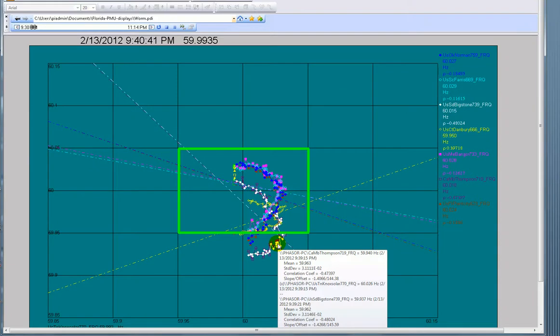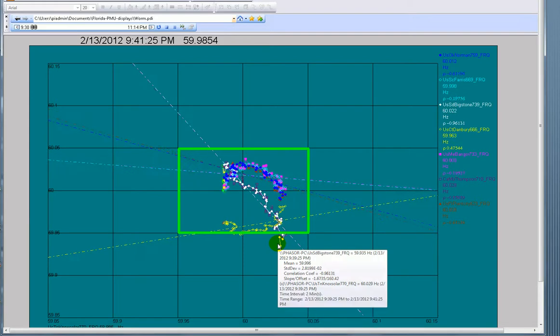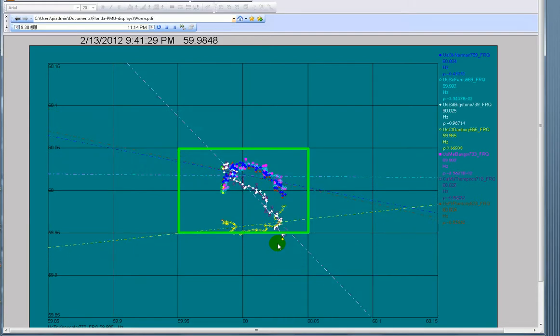It looks like the limit cycle is probably on the order of 2 or 3 minutes. And now you can see most of the Eastern Interconnection is now operating back within the NERC standards.